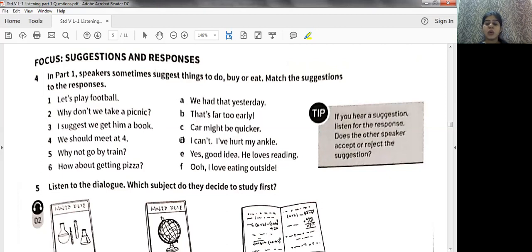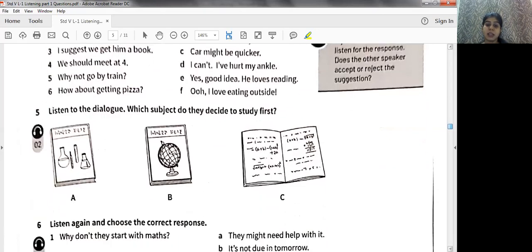Next, why not go by train? So it is C. Car might be quicker. Quicker means faster. Okay. Sixth, how about getting pizza? It is A. We had that yesterday. Okay. I hope that you all have noted the answers. I will also display the answers.